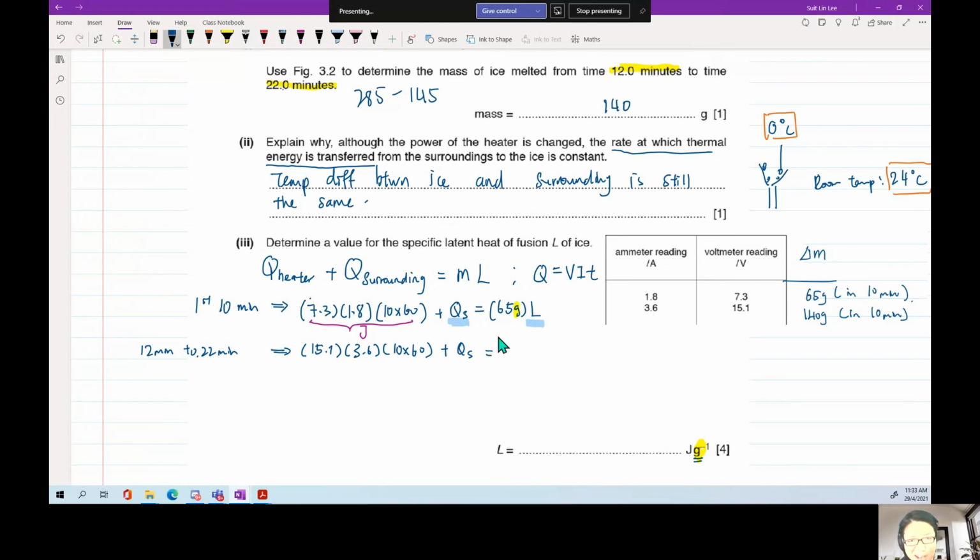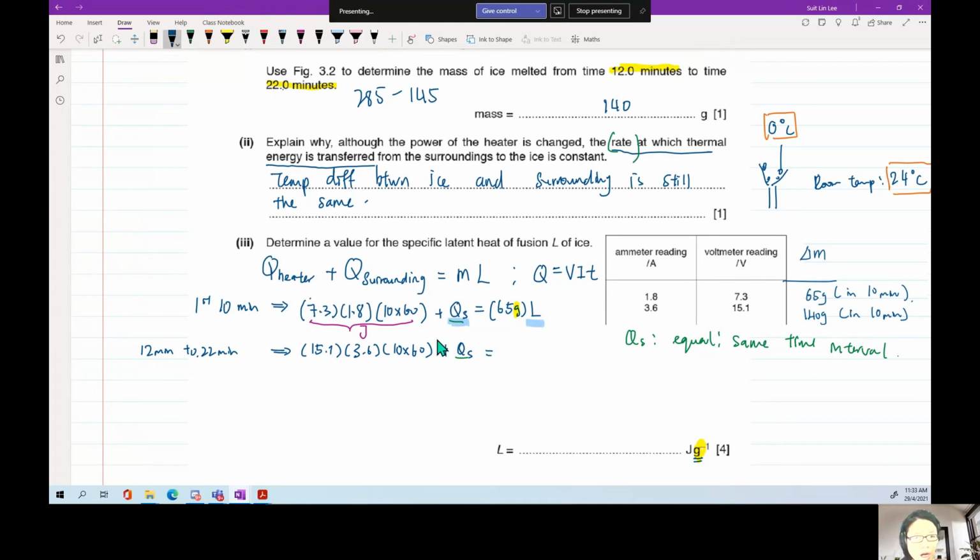Because it is the same time difference, the heat loss should be the same. These two QS are equal, because it's the same time interval. So the rate is the same, and the time interval is the same.